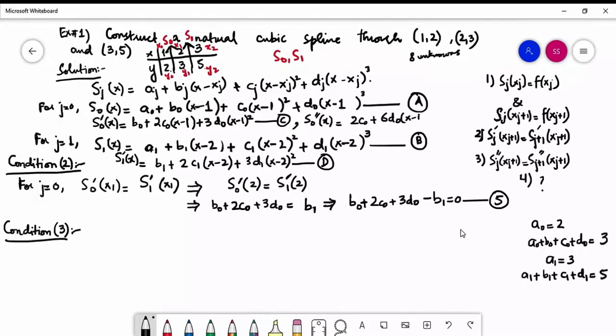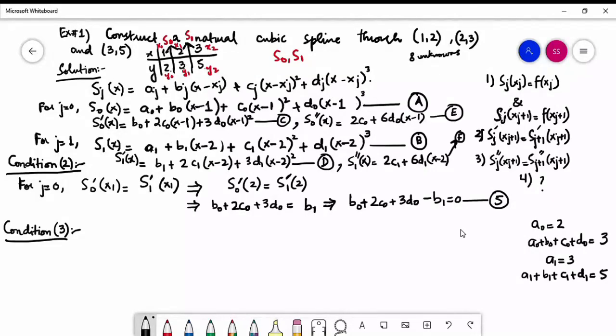I will call this equation E, and if I take the second derivative of S1, I get S1 double dash of x equals 2c1 plus 6d1 (x minus 2). This is equation F. Now I would use these two equations E and F for condition number 3.